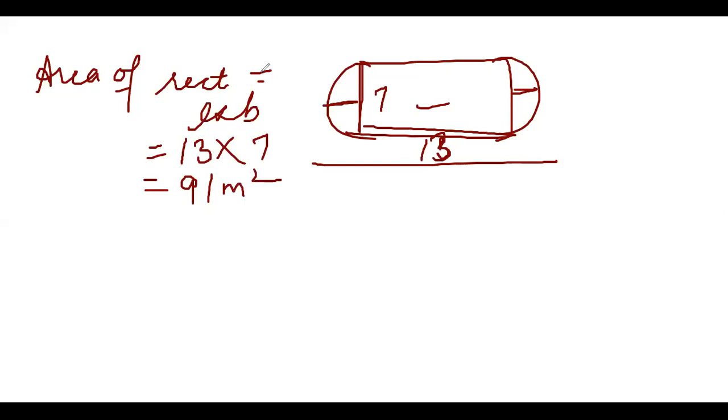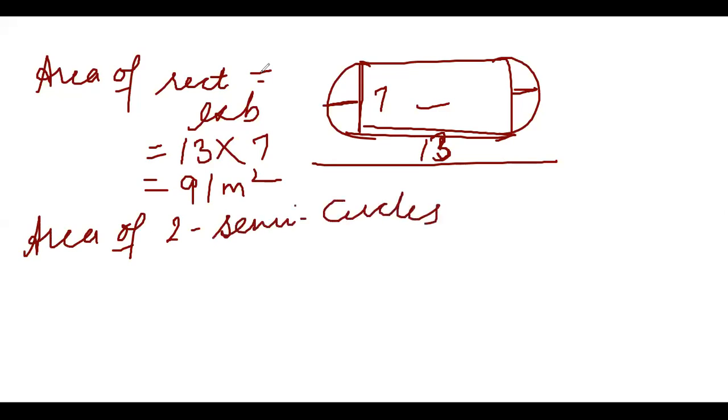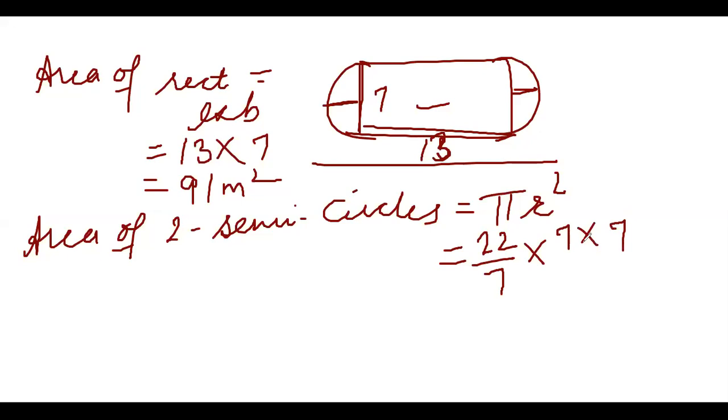Now we'll find out area of two semicircles. Area of two semicircles make one bigger circle. Together two semicircles make one circle. So area of two semicircles will be pi r square. 22 upon 7 into 7 upon 2 into 7 upon 2.